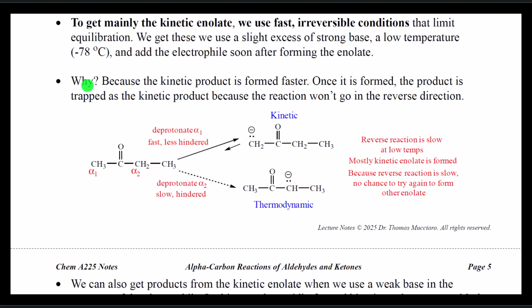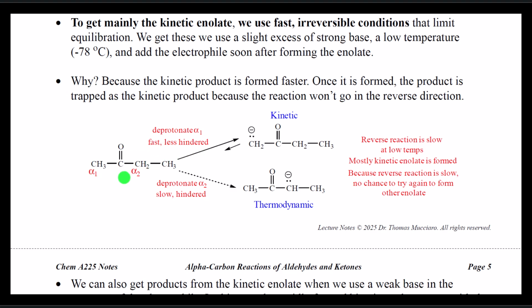Why does this work? The kinetic product is formed faster. Once it is formed, the product is trapped as the kinetic product because the reaction won't go in the reverse direction under these very cold temperatures.